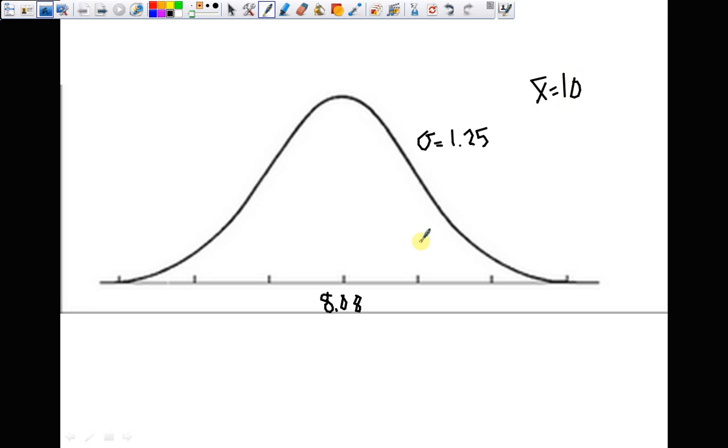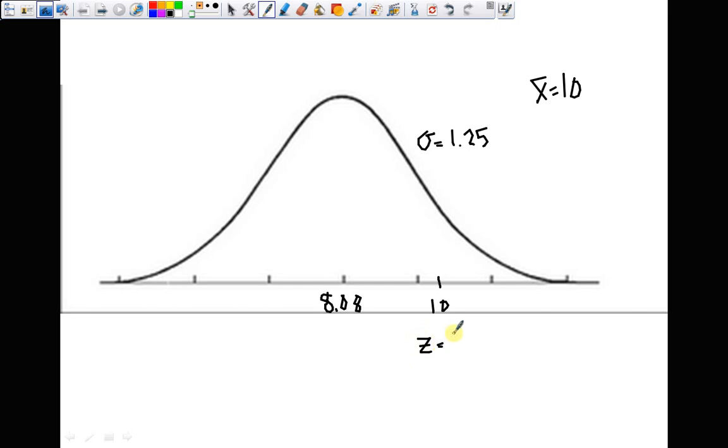And we can kind of understand what we know about the normal distribution here. If the mean is 8.08, one standard deviation above the mean, if we add 1.25 to the mean, that's 9.33. Well, 10 is going to be a little bit bigger than that right here. And so we can come up with our z-score, because this is what we're trying to come up with.